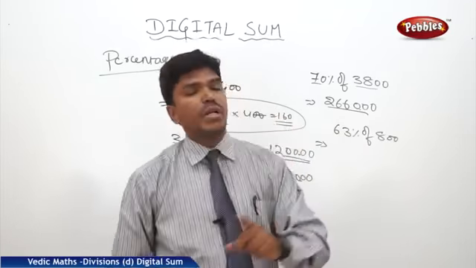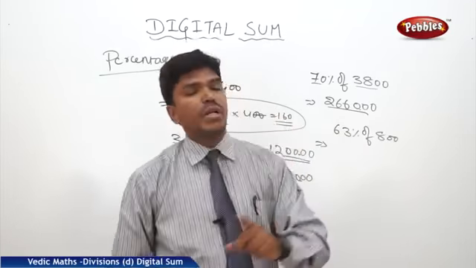And one more example. Suppose I need 80% of 7953. How will you do this one? Even this time I will suggest the same thing. Multiply the entire number with 8.